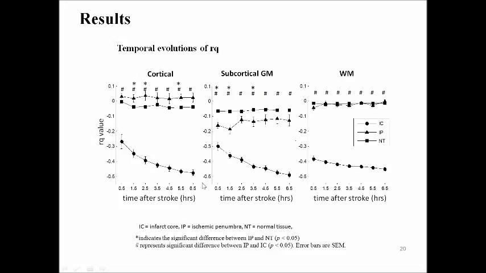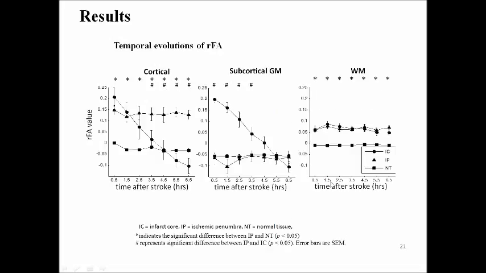In contrast to the similar evolutions of RL value in gray matter and white matter, there is a larger reduction of RQ in white matter than in gray matter within the first 2.5 hours. The FA evolution depends on the changes of RL and RQ values.